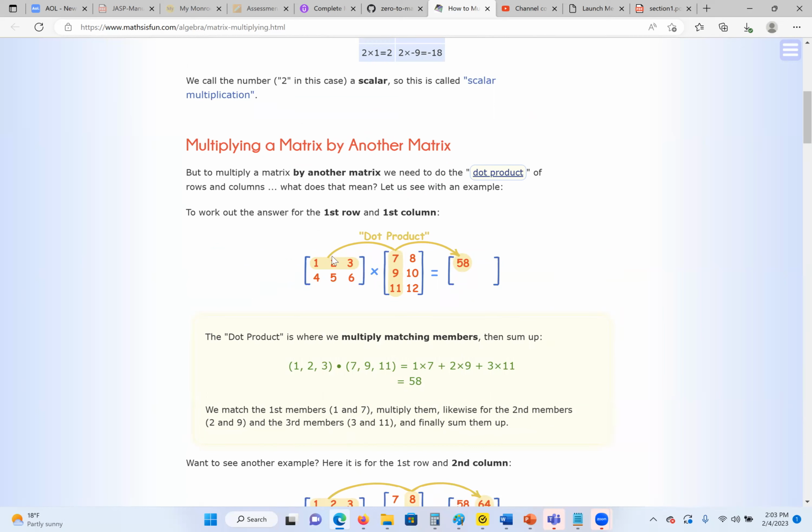Anytime you're doing the product, the number of columns in the first matrix should be equal to the number of rows in the second matrix. Now, if this is my first matrix, the number of columns is 2, the number of rows also is 2. We can still do it, but we will not get the same answer as we proved earlier.